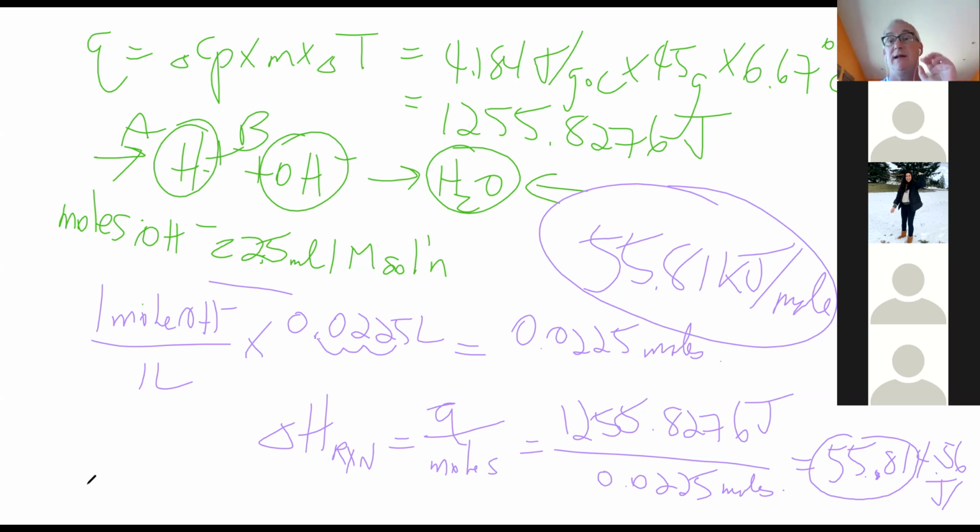If there's an excess of one or the other, go with the limiting reagent. But if you use the same volume at the same concentration, it won't matter which one to use. Generally, what we're doing is following the hydroxide, seeing what happens to it. It's being formed in solution, and then it's being reacted with H plus to form water.